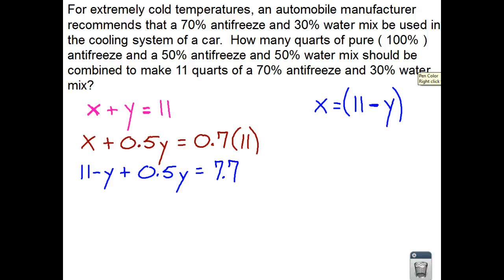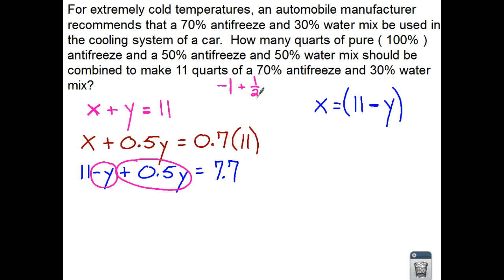All right, so now we need to combine like terms. We have a -1y, and to that we are going to add a half of a y. So I like to write this out on my paper. So we have -1. If you think about it, we're at -1 on the number line, and to that we are going to add 1/2.